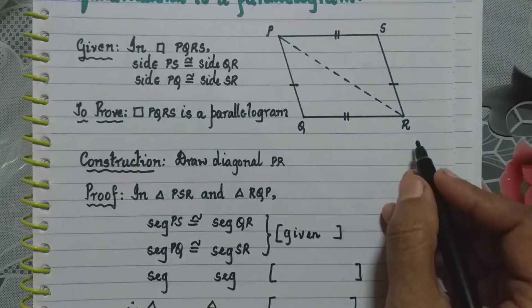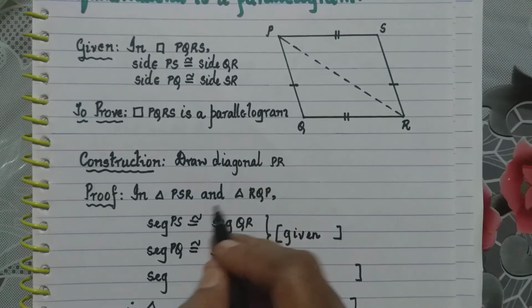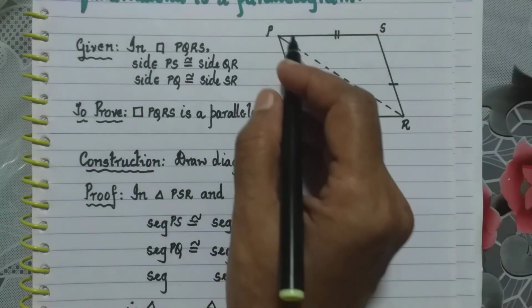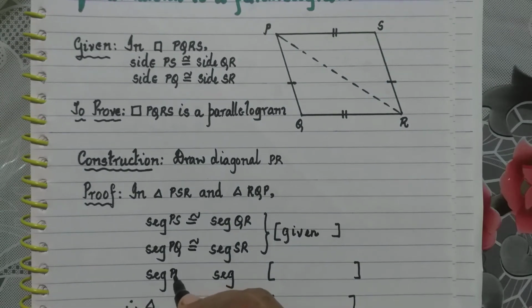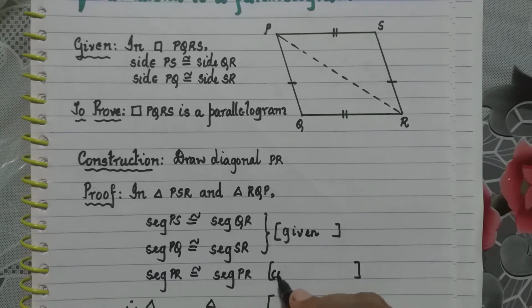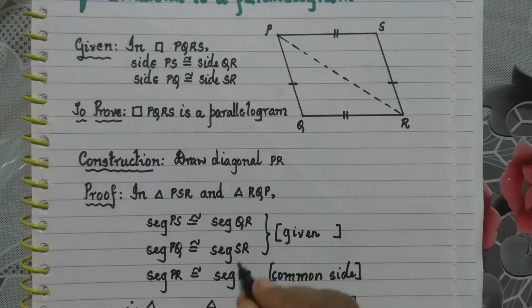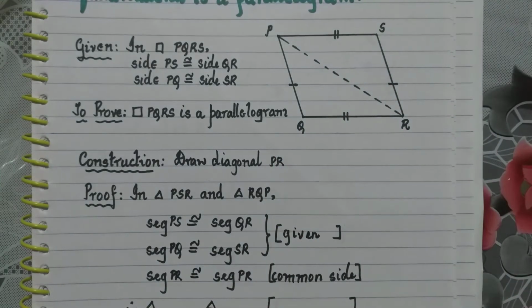What about the third side? You see that the third side is common to both these triangles, triangle PSR and triangle RQP. So segment PR is common. So we write segment PR congruent to segment PR. The reason here: common side. So we are seeing that all the three pairs of sides are congruent to each other.